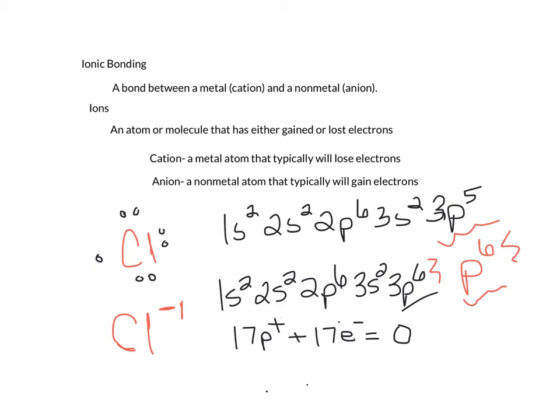But when we look at the anion version of chlorine, it still has 17 protons because that's what makes it chlorine. But it now has 18 electrons because it gained an electron. So now I have 17 positive charges and 18 negative charges. I'm going to be left with 1 extra electron, making the overall charge a -1, which is why we see the -1.